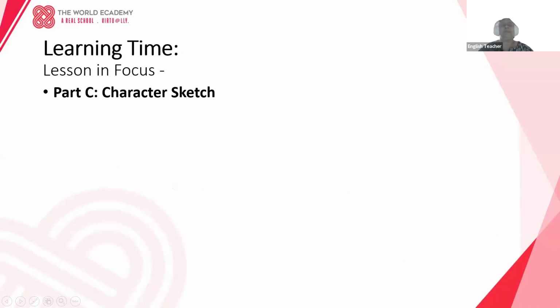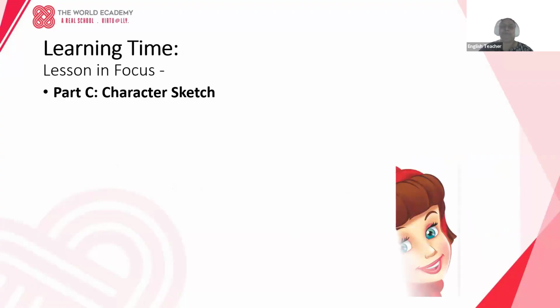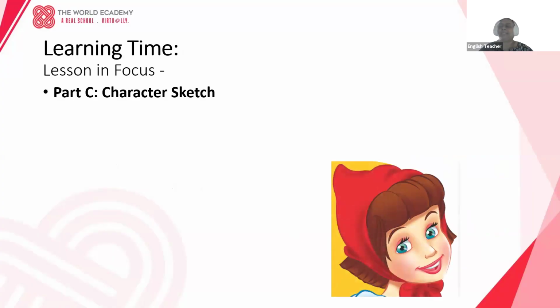Okay, the third part we are going to do is character sketch. Yes, so what is a character sketch? Wow, that's a little Red Riding Hood with a beautiful scarf around her brown hair. Just observe it.